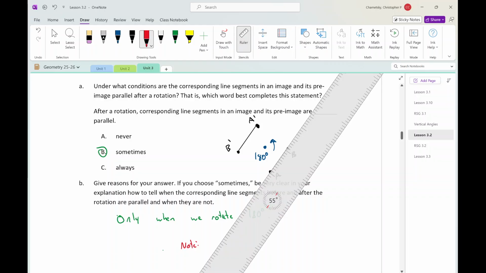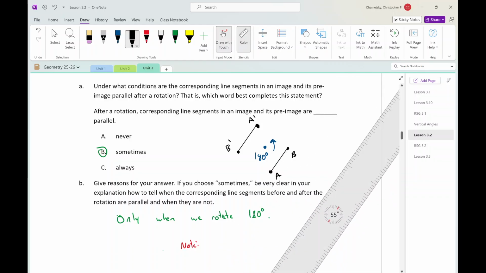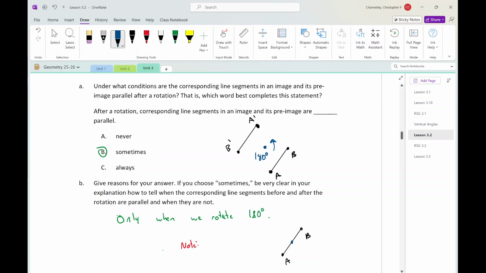If I have a segment and we rotate it 180 degrees, but our center of rotation is on our line, then all that's going to happen is B and A are going to flip-flop spots.